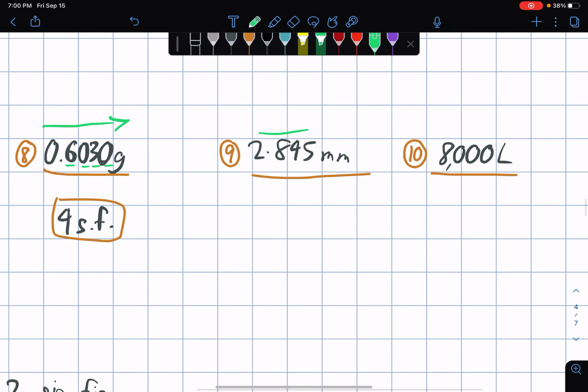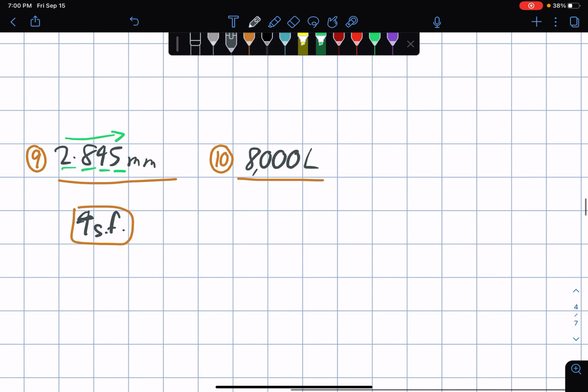Number 9, 2.845. All of these numbers are significant. There's no 0 at all, so 4 significant figures. How about number 10, 8,000? Disregard all those zeros. These are all not significant.